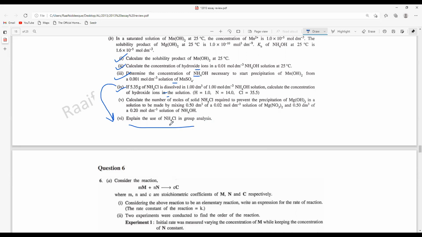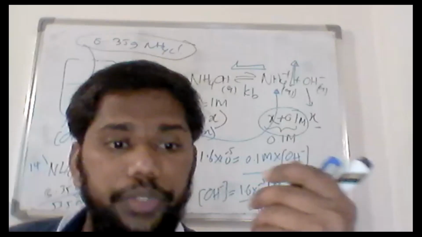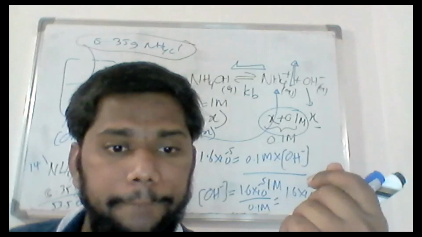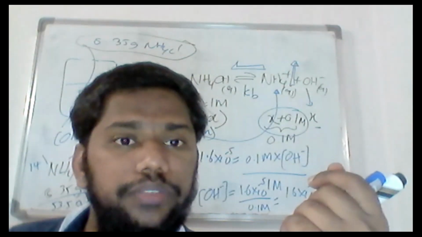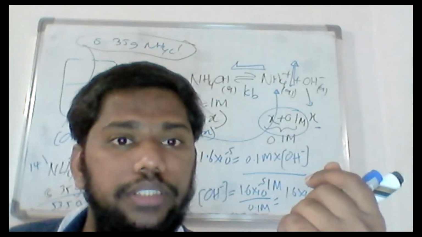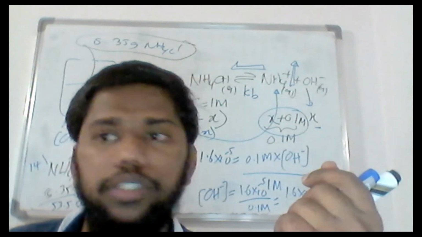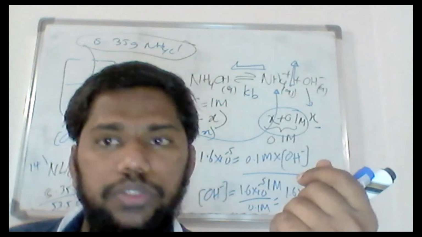In the group analysis, in the second group, after we add H2S to precipitate all the sulfides, in the third group, so I will show you here. Where is it? Yes, I have it.